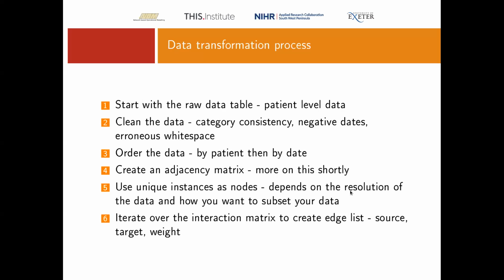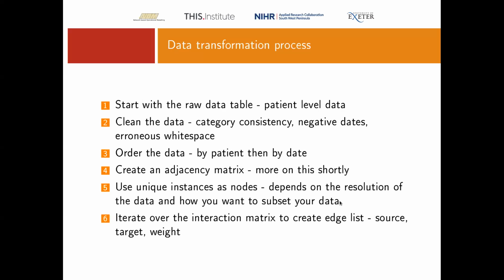At the lowest level, you'd have an individual team or maybe an individual person. At the highest level, you'd probably have something like geography or the trust itself. So depending on the scope of your data and the level you want to look at it, you need to start subsetting and amalgamating different elements of it.